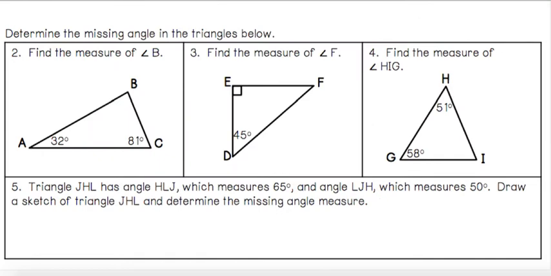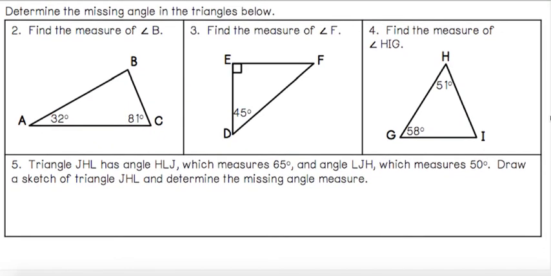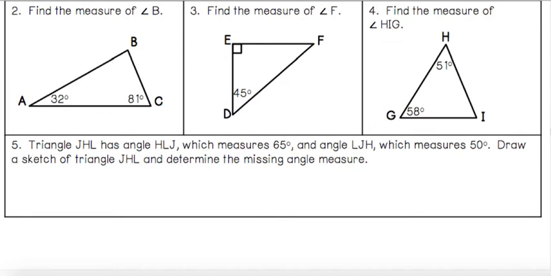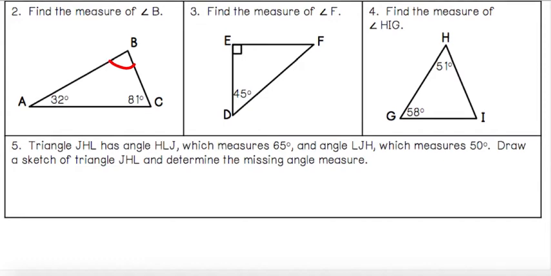Okay, so now let's apply what we've learned here. It says determine the missing angles in the triangles below. It says find angle B. Okay, again, using what we learned, we know they add up to 180, right? And we have angle A, which is 32, plus angle B, plus angle C, all should add up to 180.